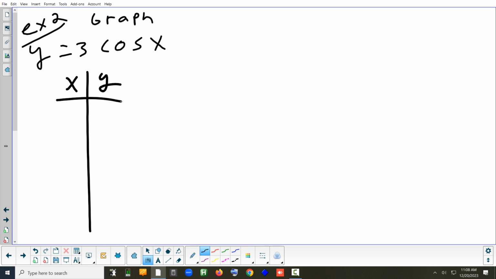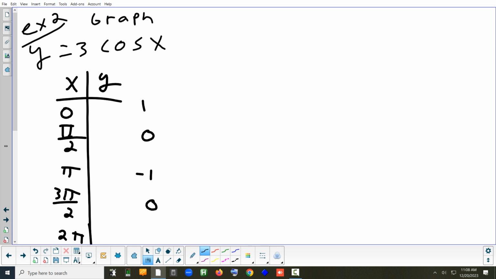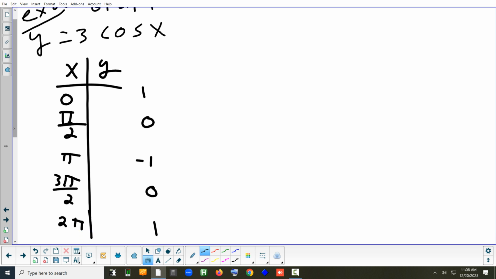This is the table from yesterday. Yep. 0, pi over 2, pi, 3 pi over 2. Now let's put the original y's off to the side. 1, 0, -1, 0, and 1. And they're all going to get multiplied by what in this case? 3. So times them all by 3.